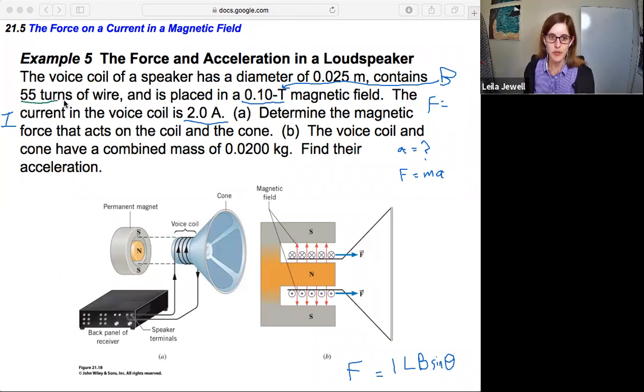They mentioned that there's 55 turns and that there's this diameter of 0.025 meters. So if we can figure out how much distance it is to make one turnaround, then we can multiply that by 55 to get the total length of the wire. We can imagine unraveling it to measure.